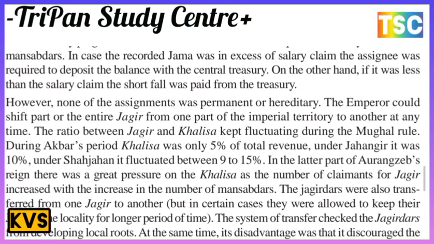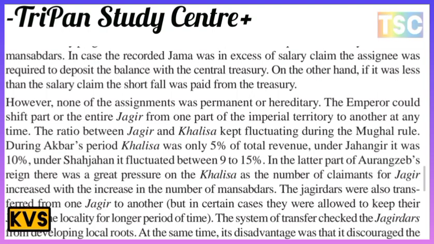However, none of the assignments was permanent or hereditary. The empire could shift part or the entire Jagir from one part of the imperial territory to another at any time.